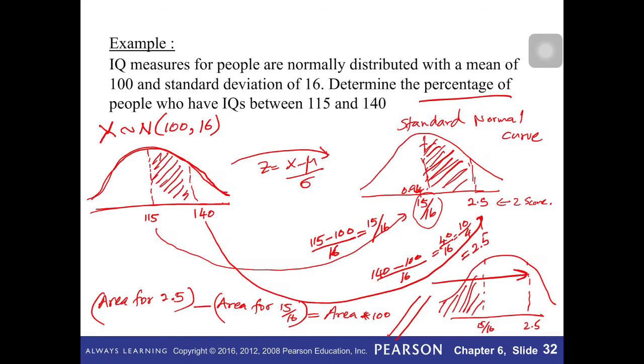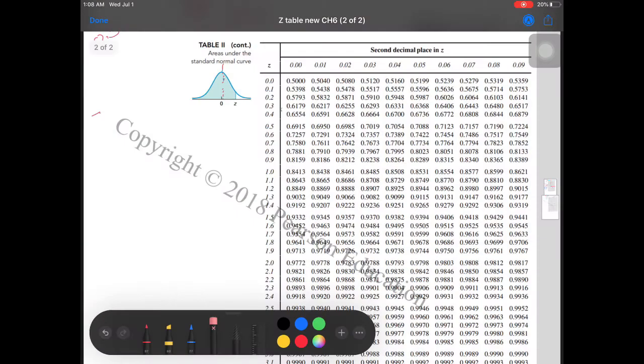So go to the table and find these values. Try to figure it out. 0.94 first. First find 0.9.